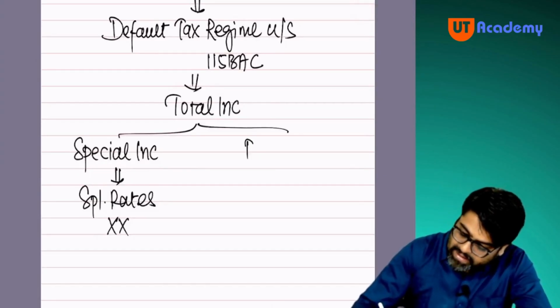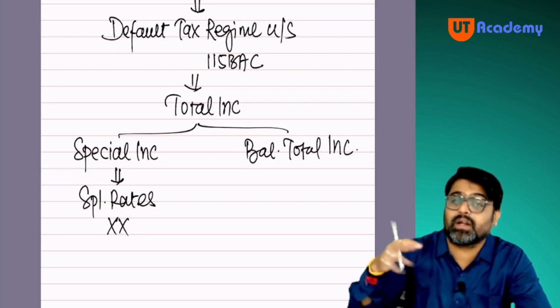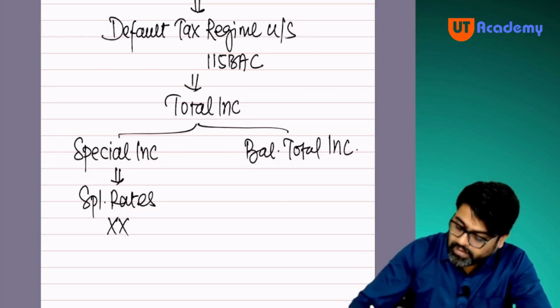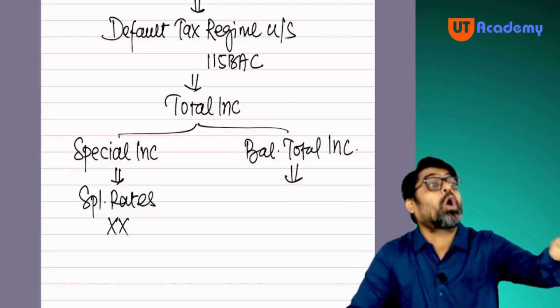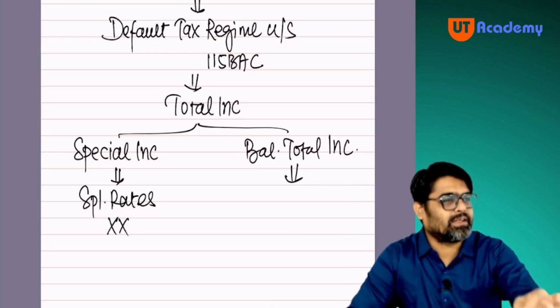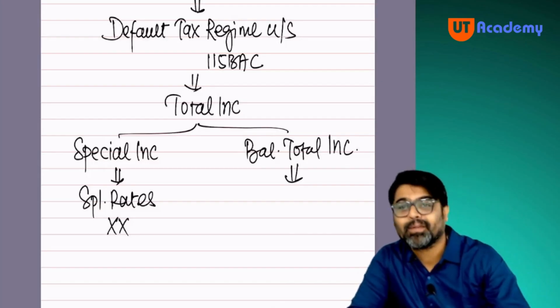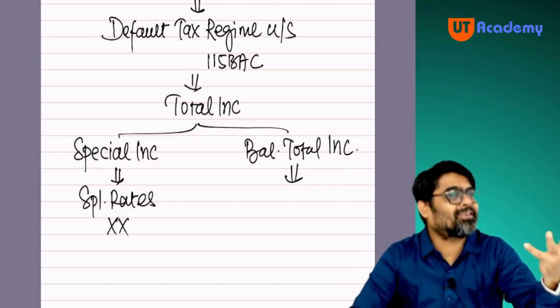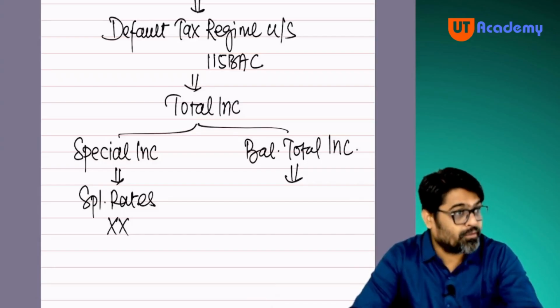Now, on the balance part of your total income, which is considered as your normal total income, instead of applying the normal tax rates, concessional tax rates are available under section 115 BAC. What did I say? Concessional tax rates are available under 115 BAC.